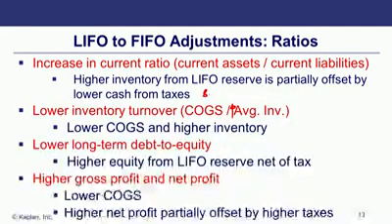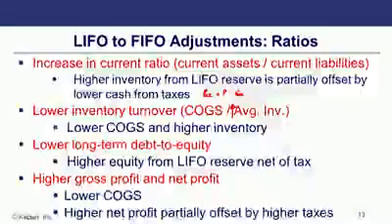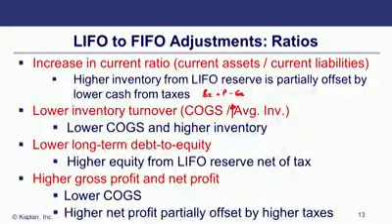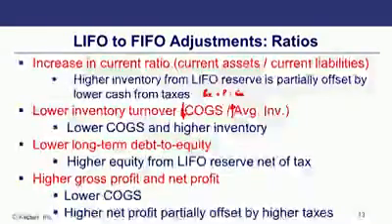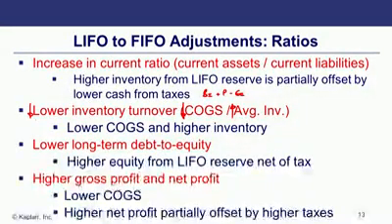Again, go back to a basic trading company. Beginning inventory plus purchases less ending inventory. If we've got higher inventory, we're overall going to have lower costs of goods sold. Okay, so our cost of goods sold is going to go down a little bit. In fact, it falls by the change in the LIFO reserve, remember. So lower cost of goods sold, higher average inventory, and therefore overall our inventory turnover is going to decline.